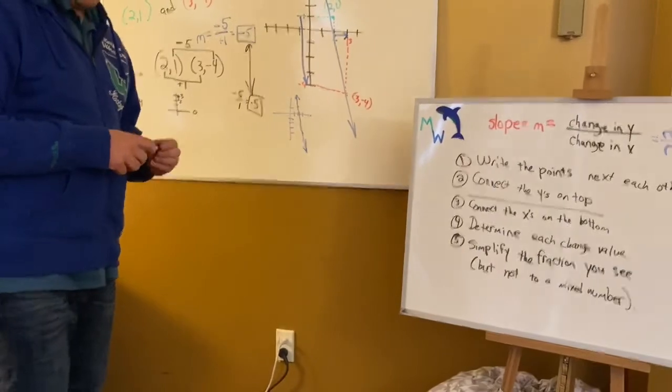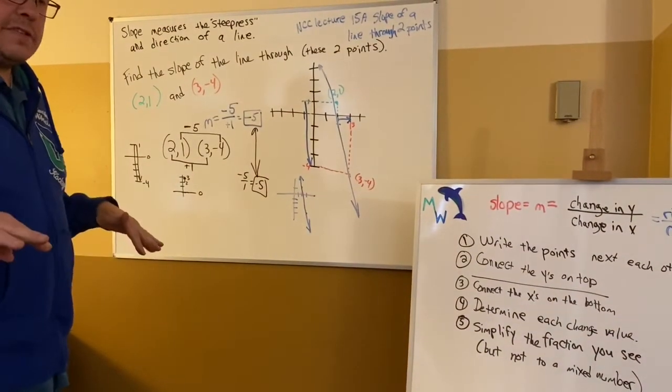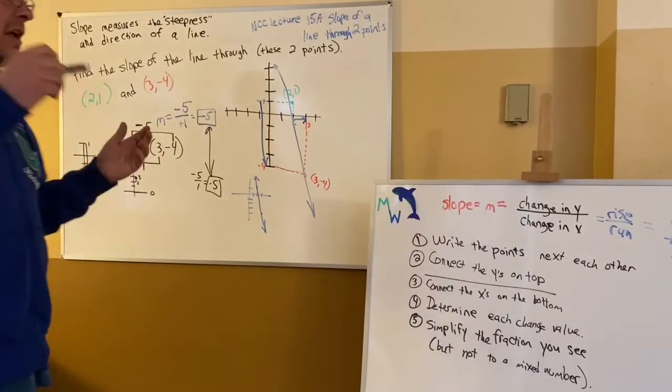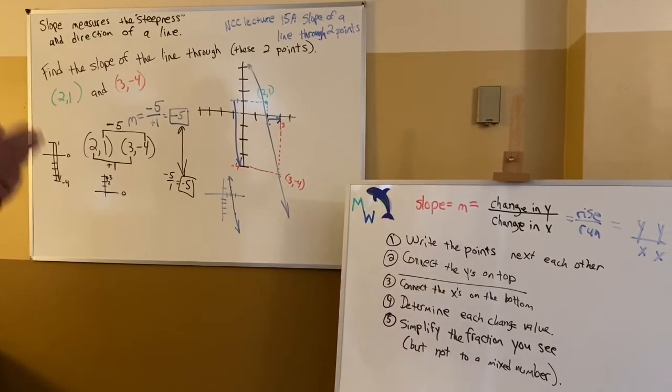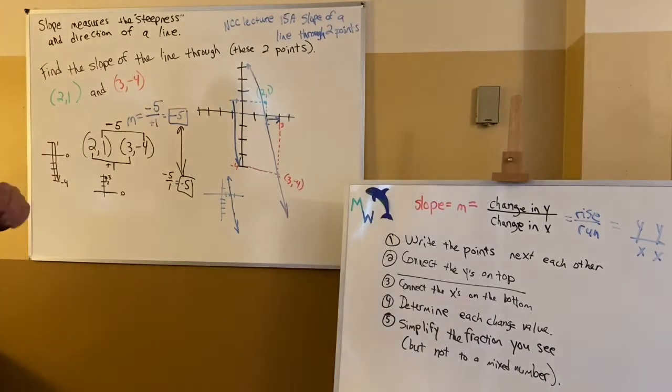If it's 7 over 3 and you try to reduce it, it's still 7 over 3, so you leave it as 7 over 3. That's going to help me say that if it's 7 over 3, up 7, right 3, I'm good. If it's 5 over 1, 5 is good for us. Or if we get 16 over 8, we can make that 2 over 1 or 2. So that's the set of instructions we're going to use for those.